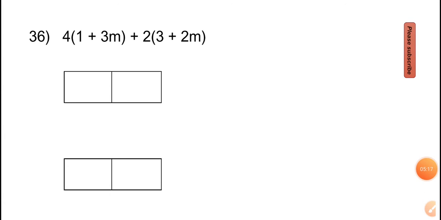So question 36 now. So we need to expand this single bracket and then expand this single bracket, and then we can add them together. So to expand the first single bracket, I can see a 4 there, so this 4 comes aside, and then inside the bracket I can see 1 plus 3m.